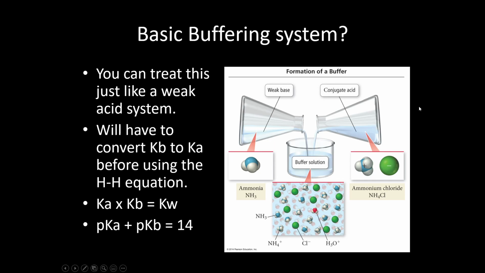Everything's still exactly the same with a basic buffering system. You just have one extra step where you have to change that pK, because you would have a Kb instead of a Ka, so you have to do a little bit of mathematics to convert that into a pKa. But that's the only difference. But like I said, I don't remember putting in a basic buffering system. I'm pretty sure I used all acid.